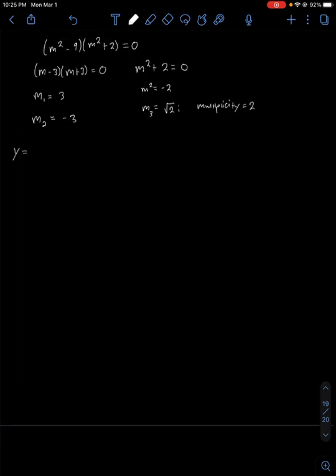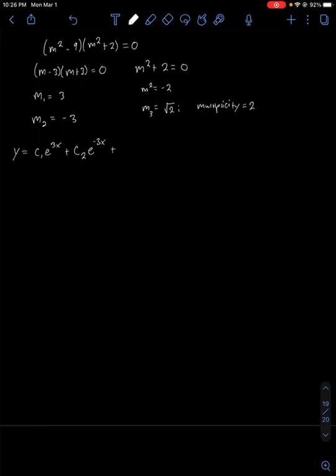So the general solution is going to be y equals c1 e to the 3x plus c2 e to the minus 3x plus c3, which is e to the alpha x.